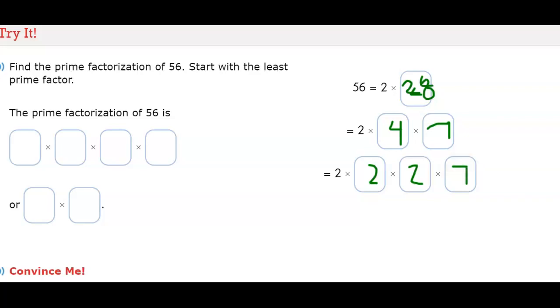And so we have our prime factorization. The prime factorization of 56 is 2, 2, 2, 7, or 2 to the power of 3, because there are 3 2's, times 7. And then that is it.